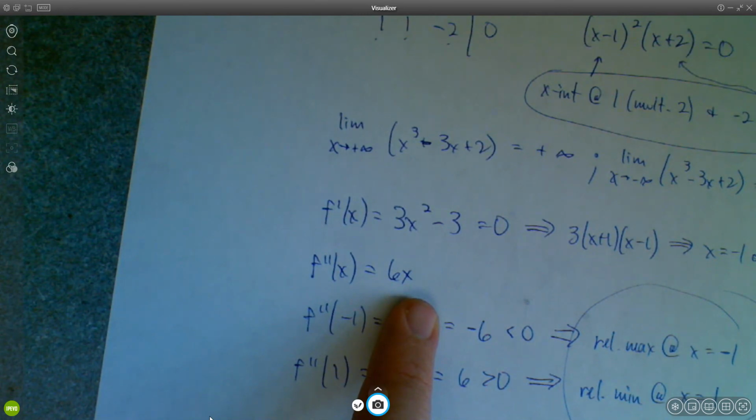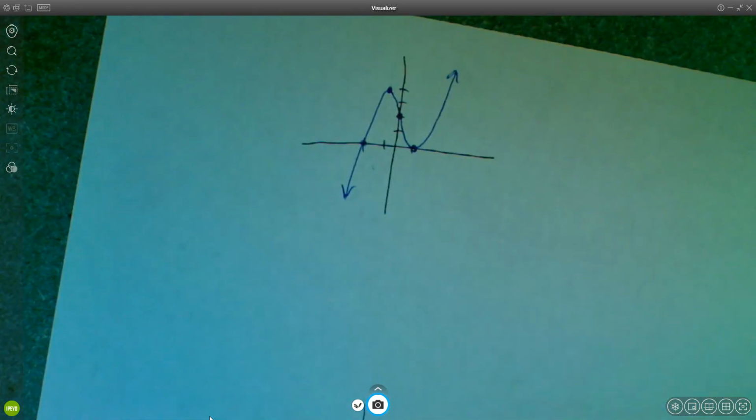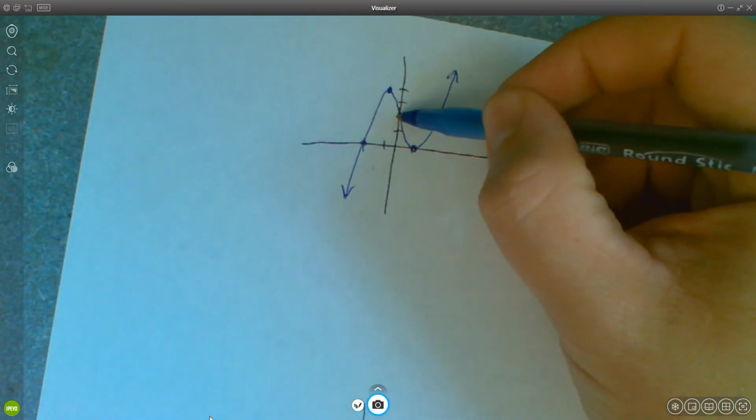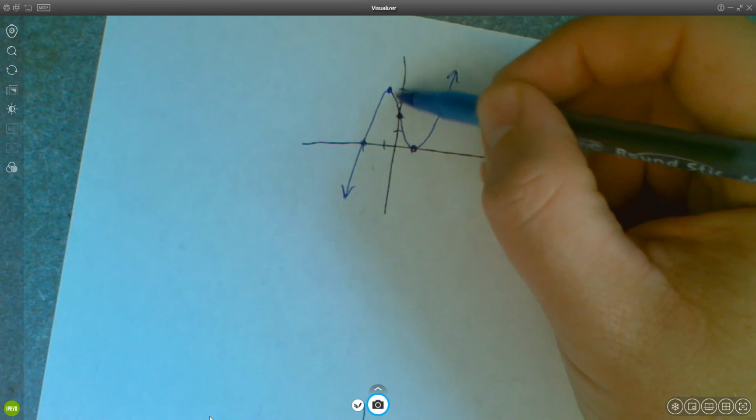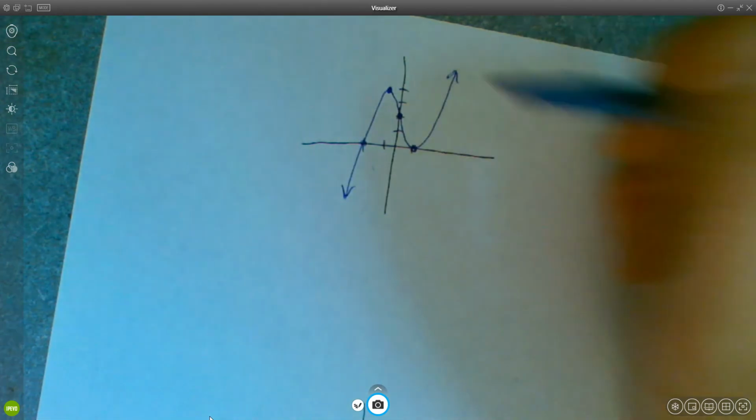If x is less than 0, then the second derivative is negative, right? If x is greater than 0, then the second derivative is positive. So you're going to be concave down if you're less than 0 and concave up if you're greater than 0. And notice that that's exactly what our picture shows us, right? If x is less than 0, concave down. If x is greater than 0, concave up. Okay.